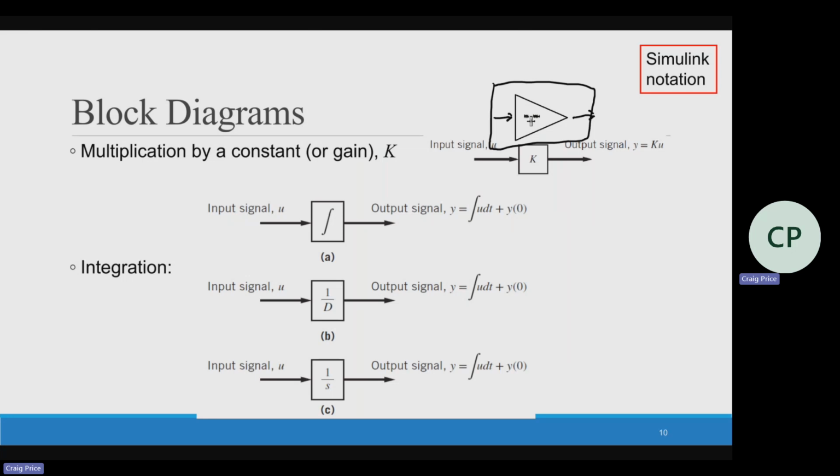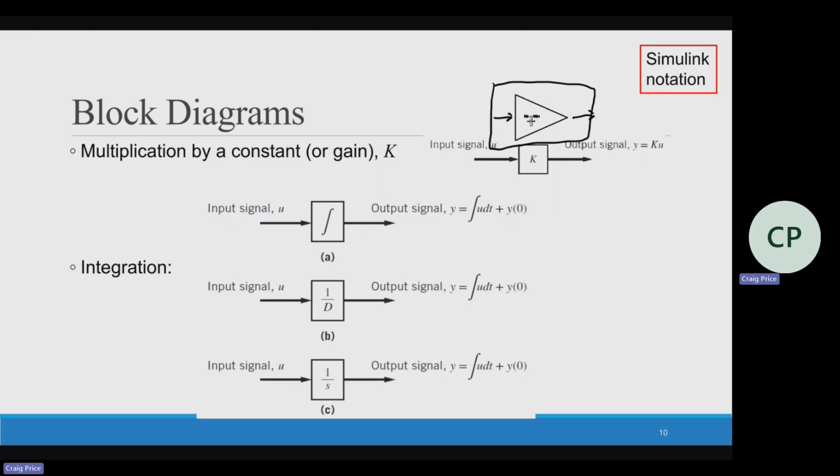But there's other blocks. I can have an integrator block. All three of these mean the same thing. Either I'm taking the integral of the input, so y is just the integral of that, or we have 1 over capital D, 1 over S. These essentially mean the same thing. Now, you may have never seen the capital D operator before.